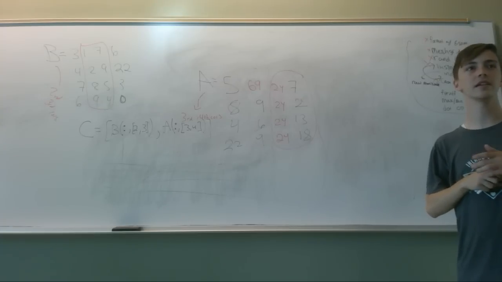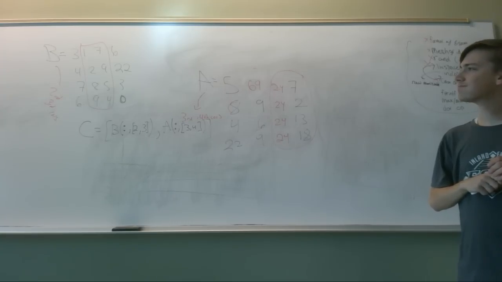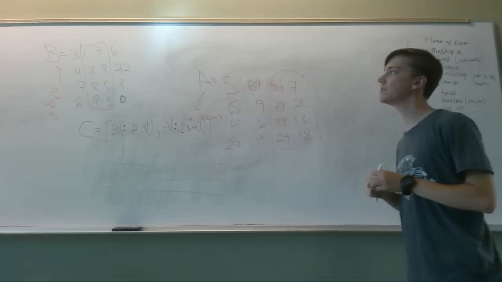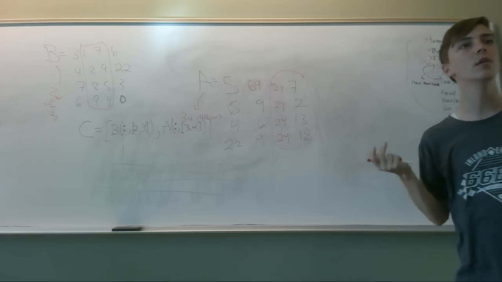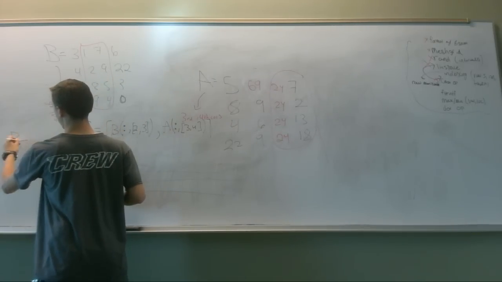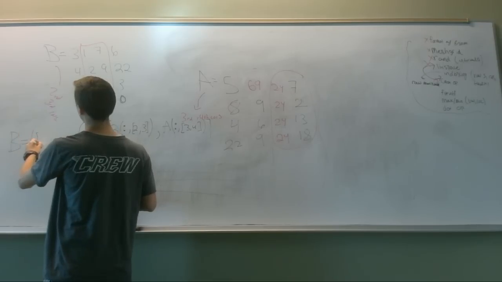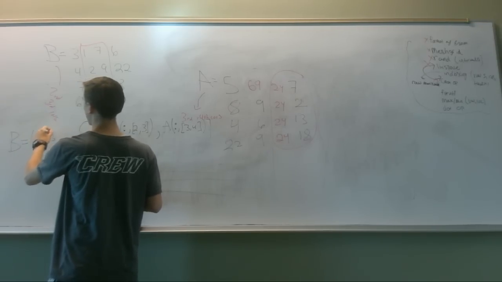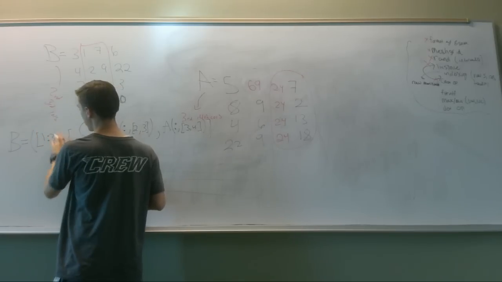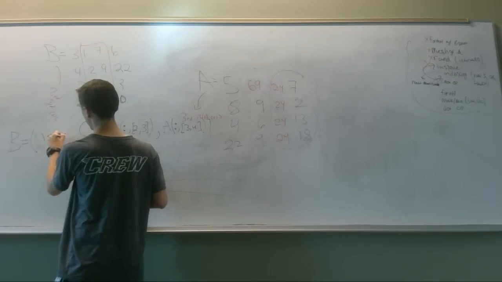That was the last thing I had. What I would do, if you have B here and you want to take off row 4 and column 4, is just rename it. Let's call it B, and B is now going to be rows 1 to 3, with a colon here, and then columns 1 to 3.